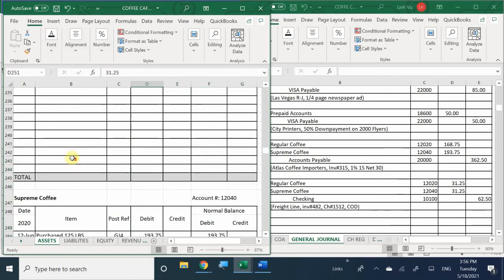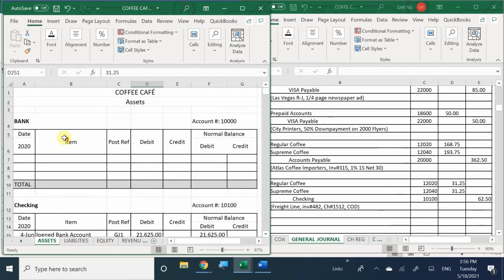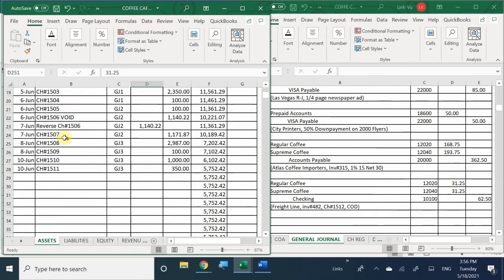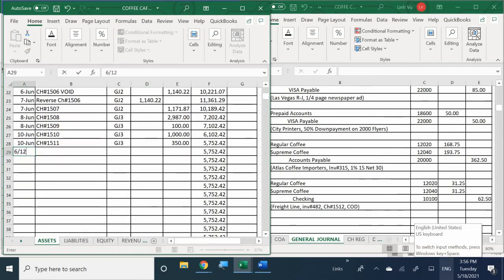Okay. And I'm going to scroll all the way up because I wrote a check. I need to update that I took money out from my checking account. So make sure I put the date here. Okay. This is check number 1512, right? This time we're on general journal number 4.